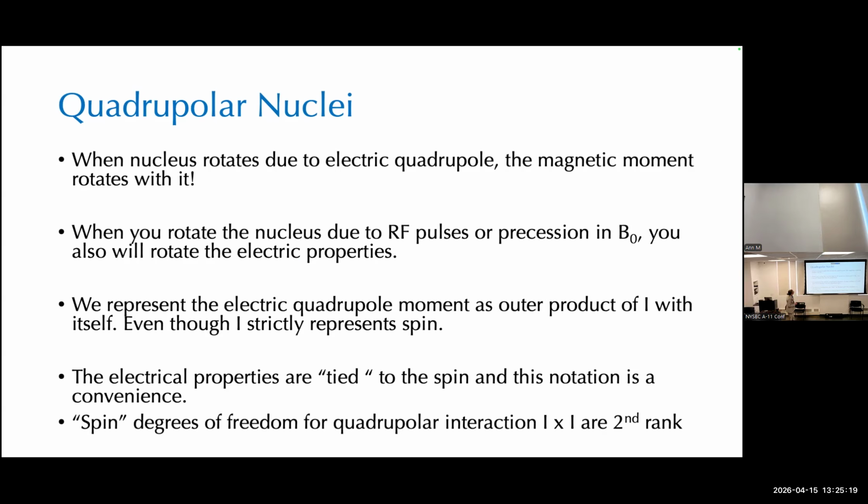So just like we did with the dipole, we can write the electric quadrupole moment as being an outer product of I, with spin degrees of freedom, with itself. I represents spin. It is not the magnetic spin that is interacting, it's not the magnetic moment that's interacting with the quadrupole.